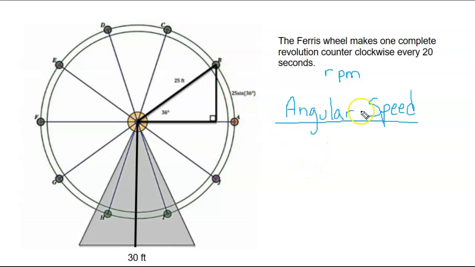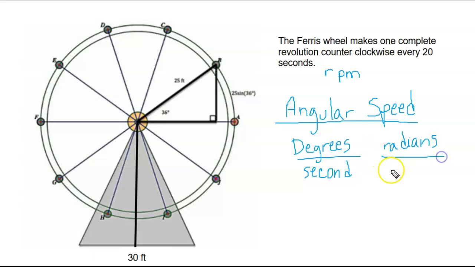If we want to turn it into an angular speed, we want to know how many degrees we are revolving per second, or we could also say radians, depending on what you're measuring in, per time period. In this case, Carlos has figured it out in seconds.